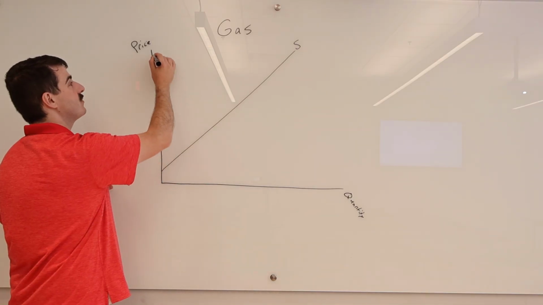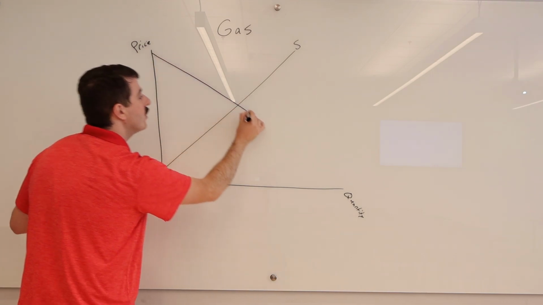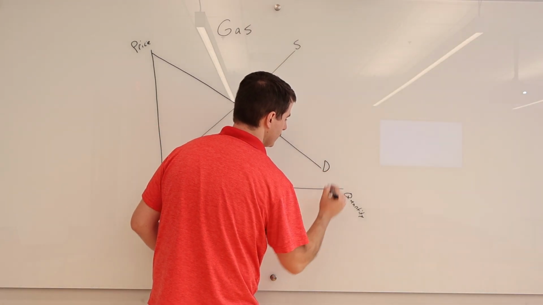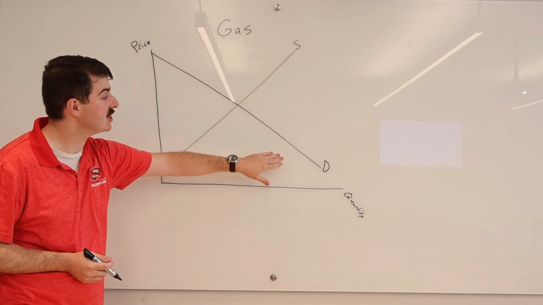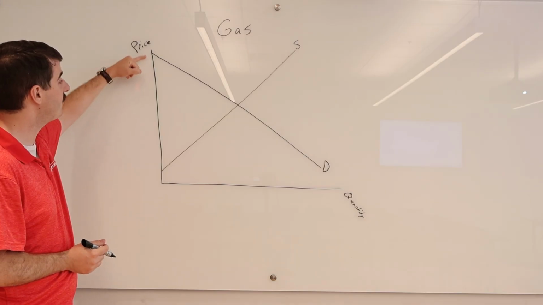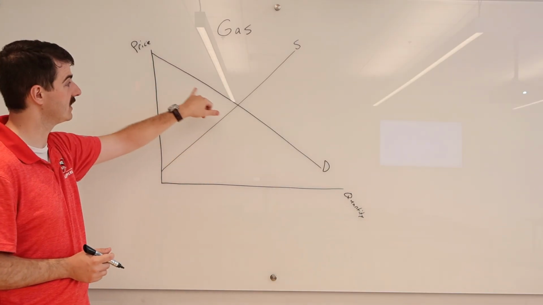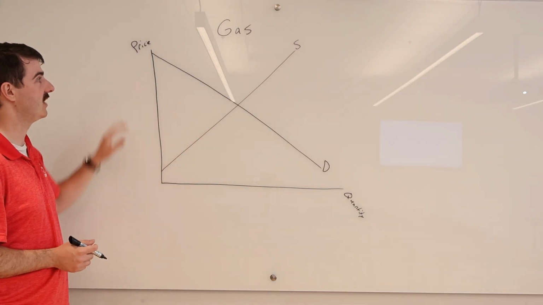And we represent our buyers' preferences with a downward sloping demand curve. It's downward sloping because of the law of demand. As price falls, buyers want to buy more, an inverse relationship between quantity demanded and price.